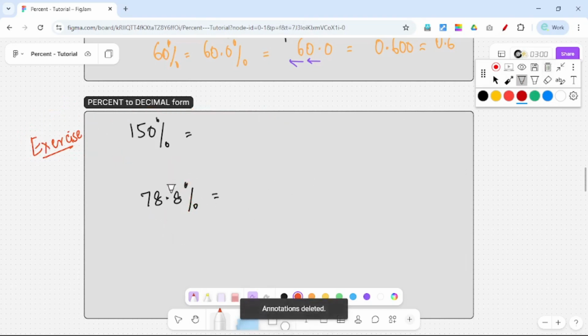Like for example, if someone gets 78.8% marks and you have to convert it into a decimal number. So how will you do it? Think about it. Again, you can either take the two-step method or directly convert it into a decimal number.